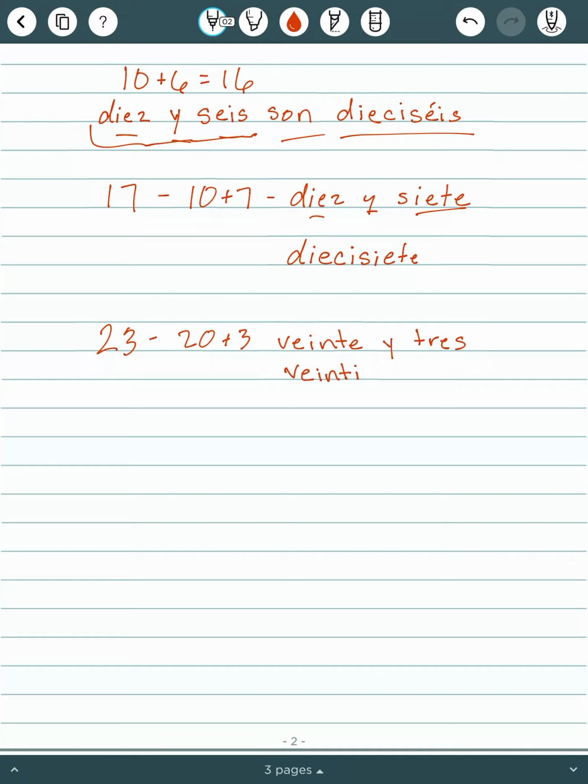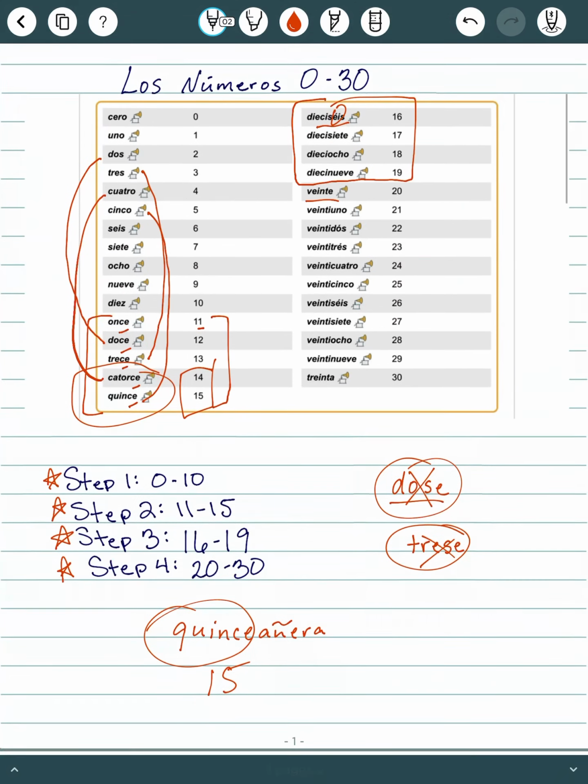So take out the E and Y, replace it with an I. 23. If you want to do 29, same thing. 20 plus 9. So veinte plus y 9, nueve. Change the spelling up, make it one long word, 29. And you've got it. So that is step number 4. I would definitely work on one thing at a time.